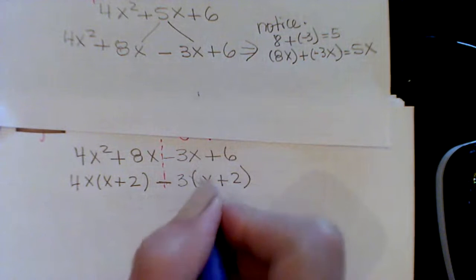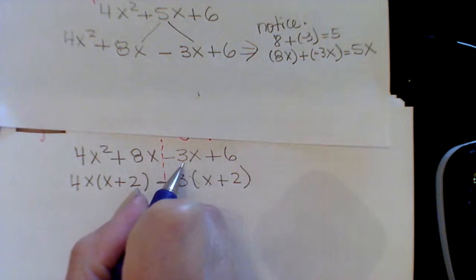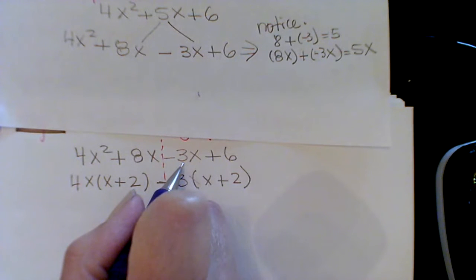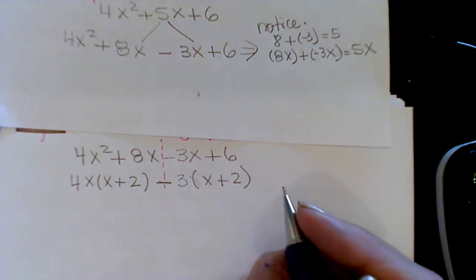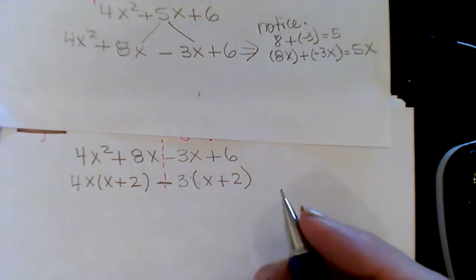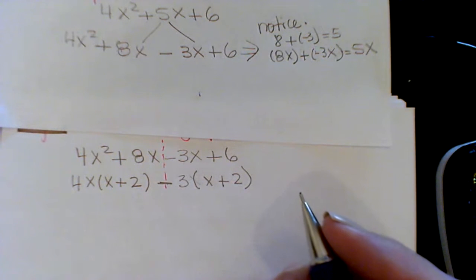Negative 3 times x is negative 3x. Hold on.